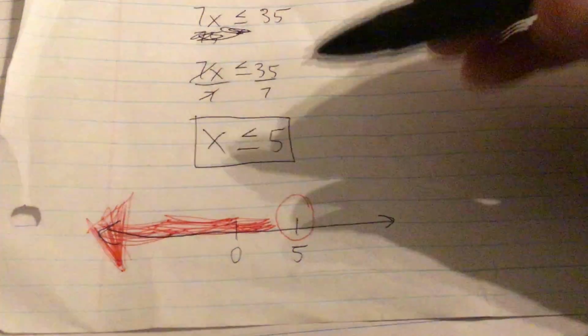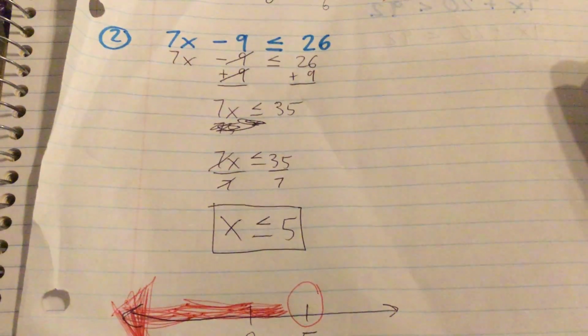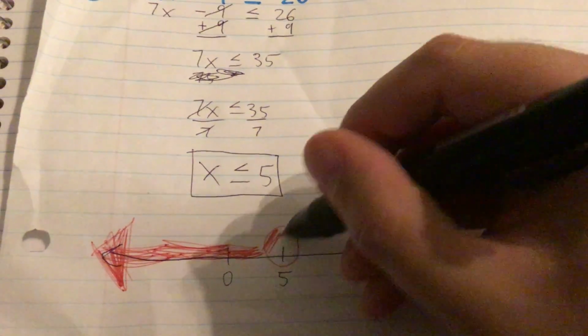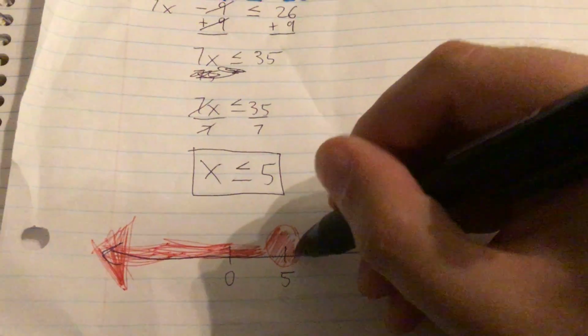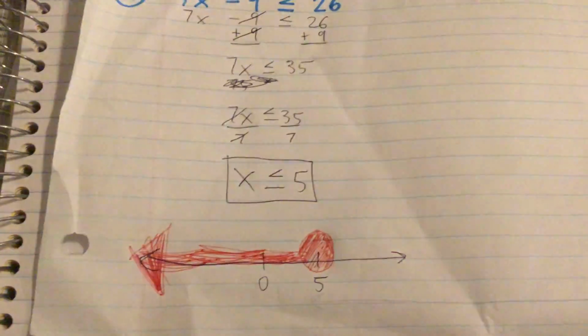At the end of the number line, I put a big, fat arrow to say I'm going to negative infinity and beyond. Is 5 itself invited to the solution set birthday party? Yeah. So we shade in the endpoint. There we go.